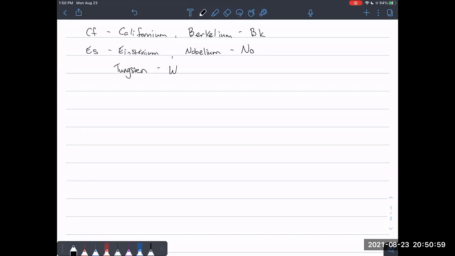Oh, I printed out the papers you gave us on the web. Okay. It's W, which comes from the German name for tungsten, which is Wolfram. So, all right.